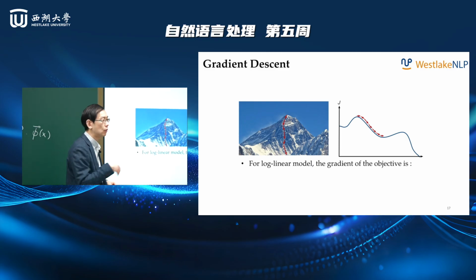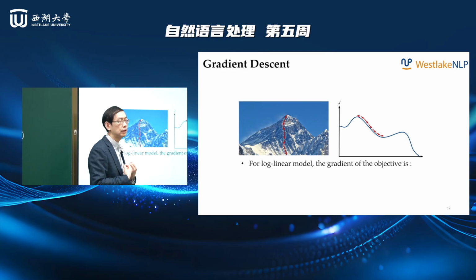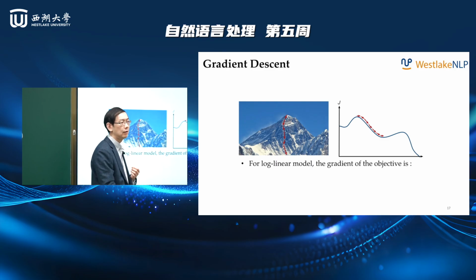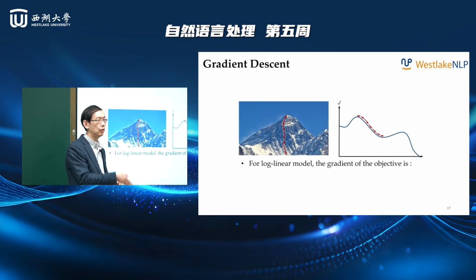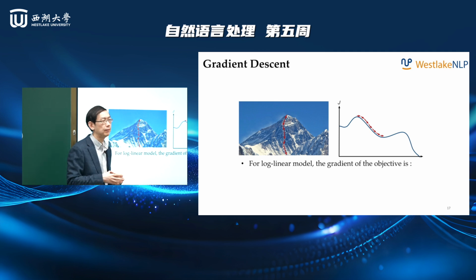Now after one step, we got a new x y. I'm pretty sure if the step size is small enough, this new x y will be lower than the original x y, because we're climbing down over the negative gradient direction.